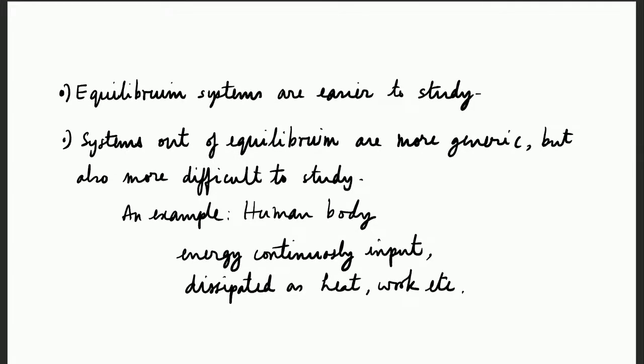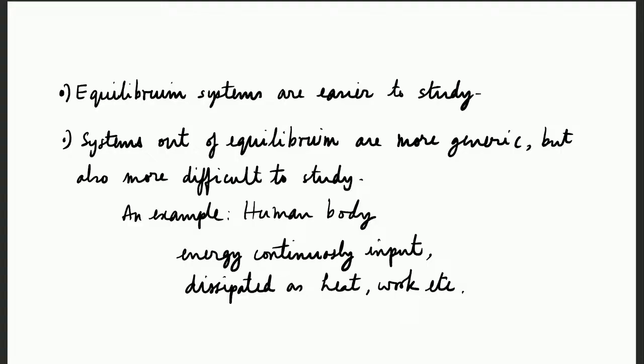Equilibrium problems are easier to study, but generically, things are out of equilibrium. For example, if I take a human body, you have to keep eating to give energy to the system. The energy is dissipated through heat and work, but if you stop eating, you will not be able to sustain your life.